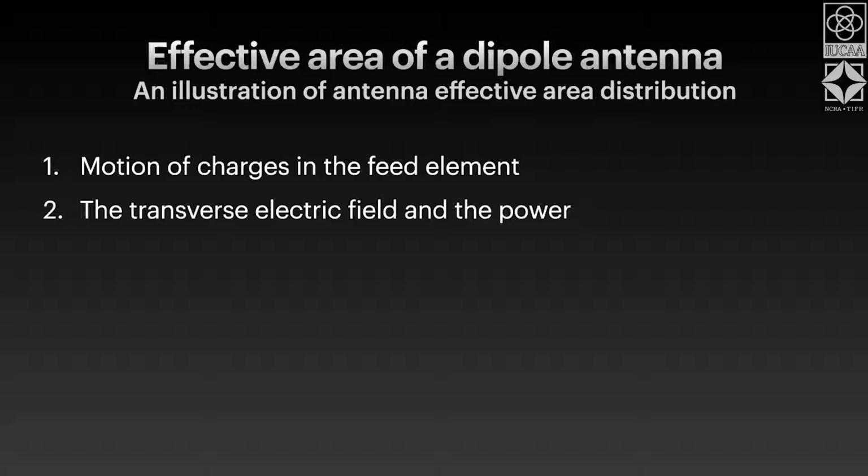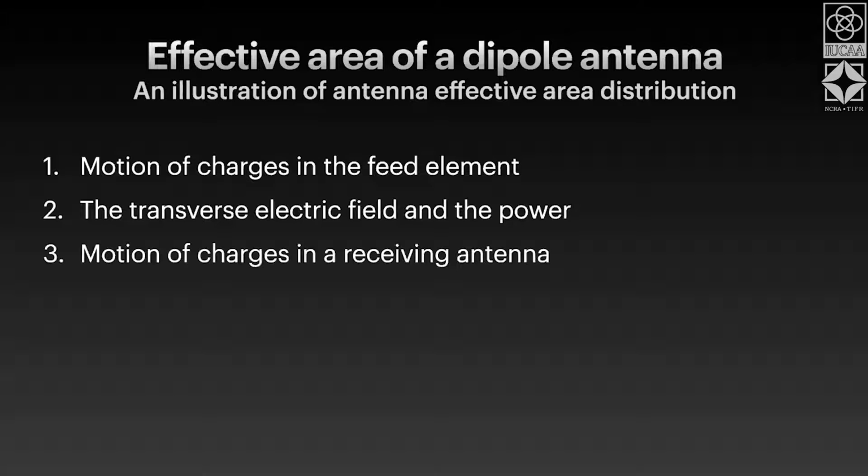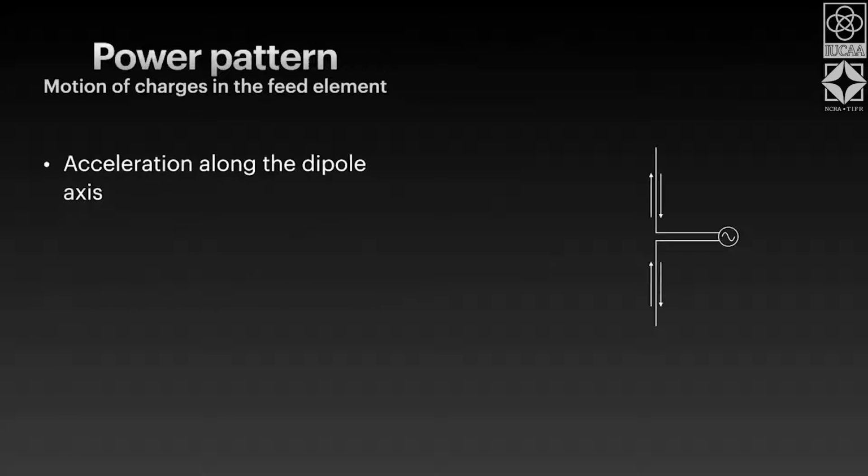The steps are: we'll look at the motion of charges in the feed element of a dipole and how that leads to a distribution of electric field around it, and hence the power. Then we'll see how to translate that to the motion of charges in a receiving antenna, and see the distribution of the effective area.